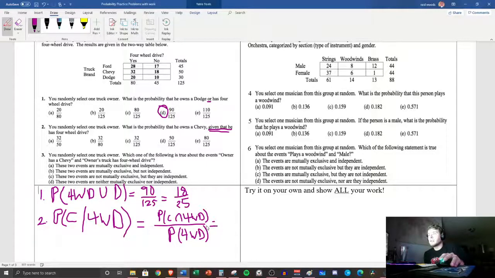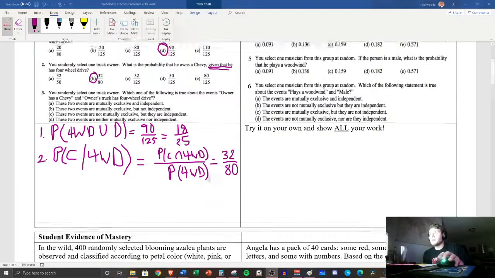Now we're looking for the intersection of Chevy and 4-wheel drive. There's 32 people who have Chevy and 4-wheel drive. That's right here, that intersection where I circled. Next, how many people have 4-wheel drive? Well, 80. So this is 32 out of 80, and that gives us our answer B.